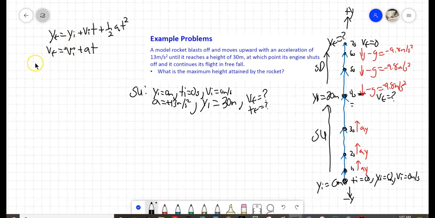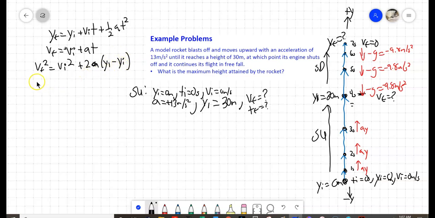Let's do v final squared equals v initial squared plus 2a delta y, which will be y final, y1, minus y initial.